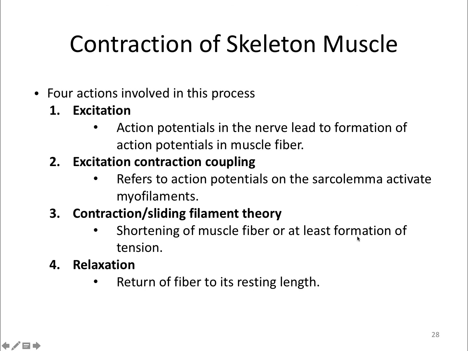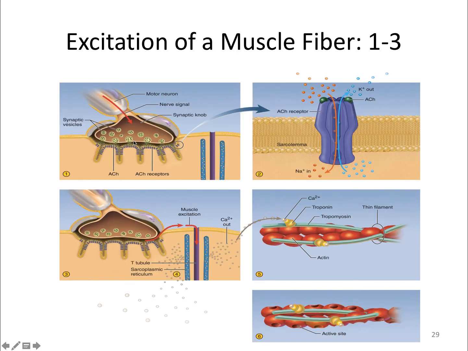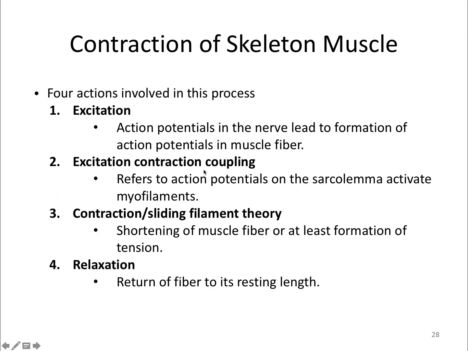So, contraction of skeletal muscle requires 4 actions. First, you have to have excitation of a nerve fiber, and that leads to the formation of action potentials in the muscle fiber. Excitation-contraction coupling refers to action potentials on the sarcolemma, which remember is the cell membrane of a skeletal muscle cell, activating the myofilaments.